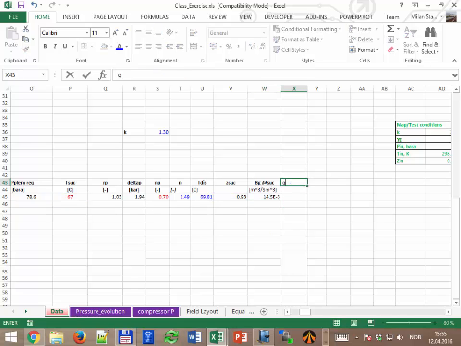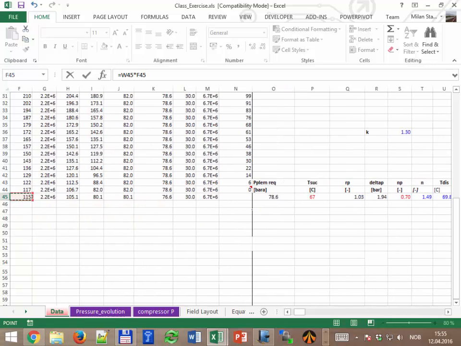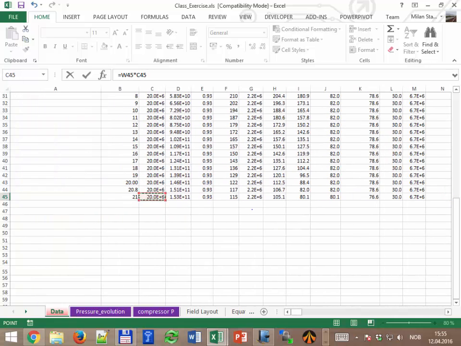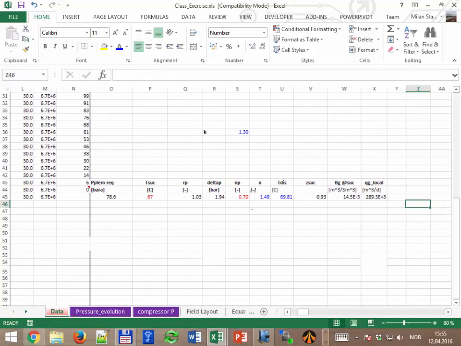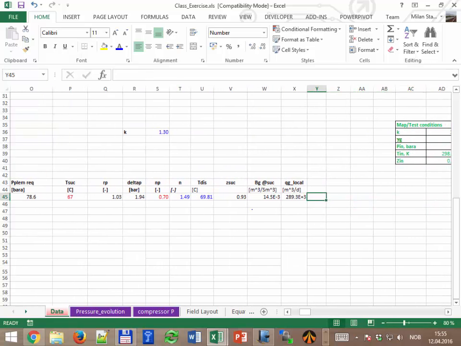Okay, and then I calculate QG local, and that QG local is in cubic meter per day, and it's just QG times BG. You are awake, that's good. If you're not awake, there will be a lot of mistakes. Okay, so that's the local rate, and we just have it in case because we will need it for the compressor map.